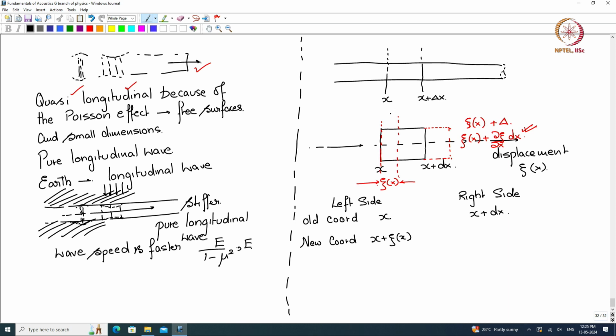Okay. So, this is x plus xi of x, the new coordinate, and the new coordinate of the right side is x plus dx plus xi of x plus del xi by del x dx. Okay, this is a Taylor expansion up till first order.